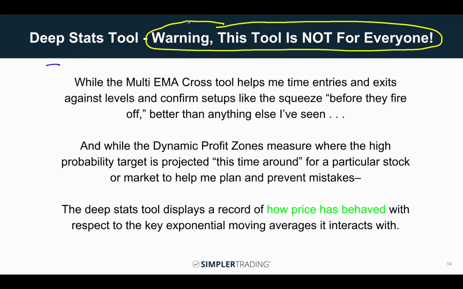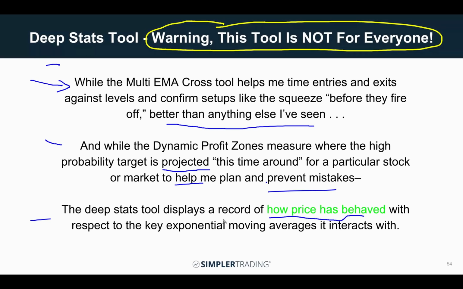While the multi-EMA cross tool helps me time entries and exits against levels and confirm setups like the squeeze before they fire off better than anything else I've ever seen, and while the dynamic profit zones measure where the stock's probability target is projected this time around for a particular stock or market to help me plan and prevent mistakes much better, the Deep Stats tool displays a record of how price has behaved with respect to the key exponential moving averages it interacts with.